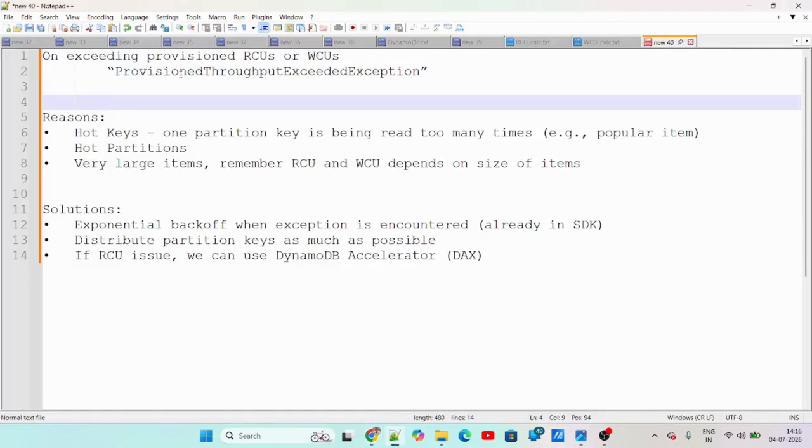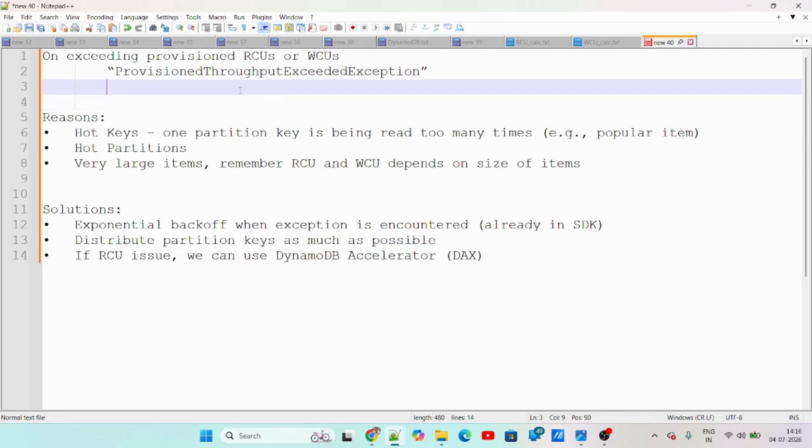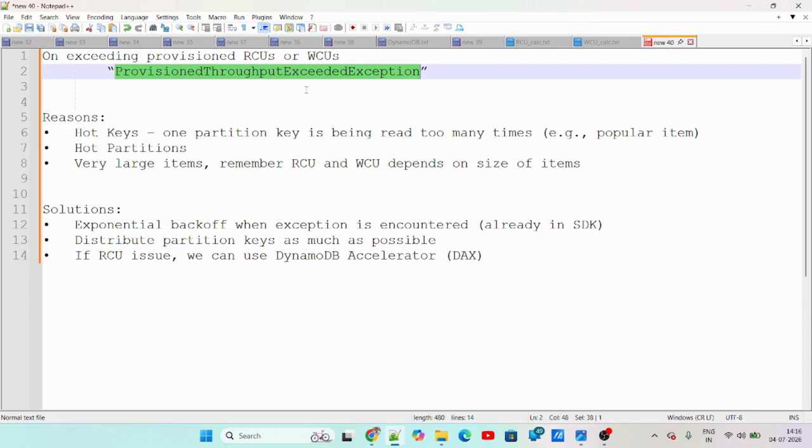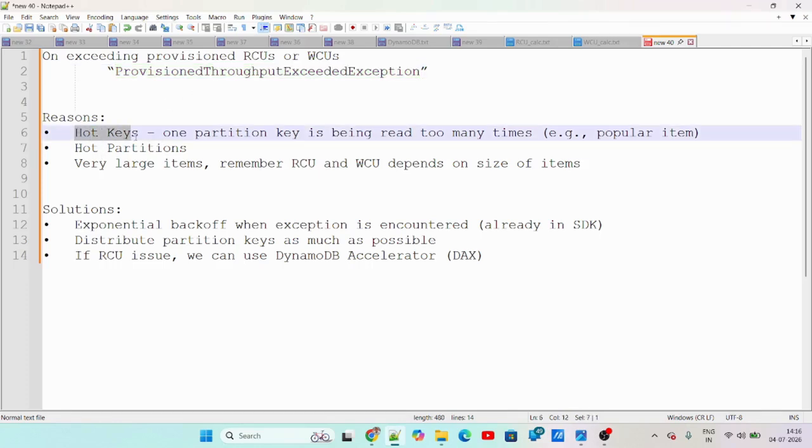And a few more important points. In case you provision RCU and WCU and there is no auto scaling, then you would get the ProvisionedThroughputExceededException. What could be the reasons? Obviously a hot key, where a single partition is being read many times, a very hot partition.